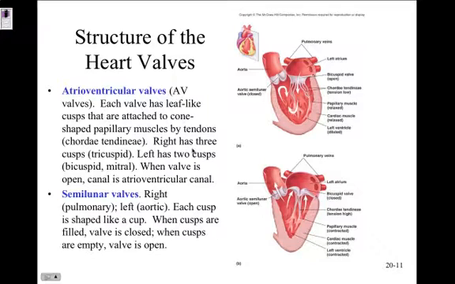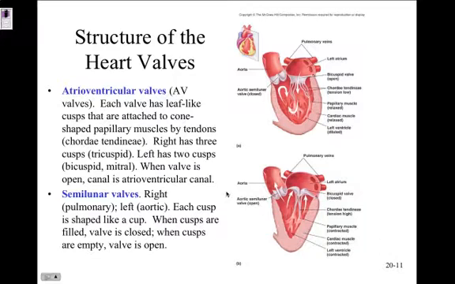They are leaf-like cusps attached to cone-shaped papillary muscles by tendons. In this picture you can see these little cusps closing, and these tendons, called chordae tendineae, attach to the papillary muscles down on the muscular wall.